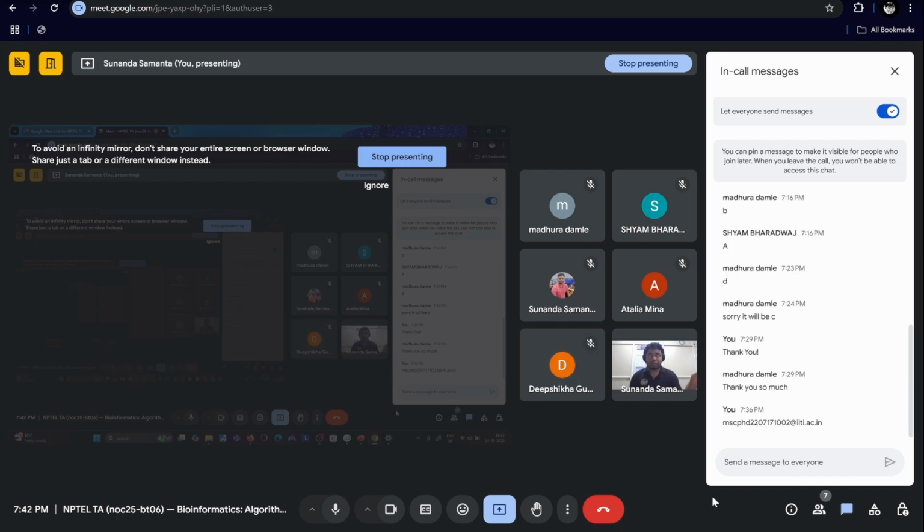Usually, when a new NPTEL session starts, they provide the list of all the courses that are available and ask the scholars if they are interested in joining as a TA for a course. You fill up the forms and give your preferences, or alternatively, you can directly ask the supervisor of the course whether he will allow you or not.